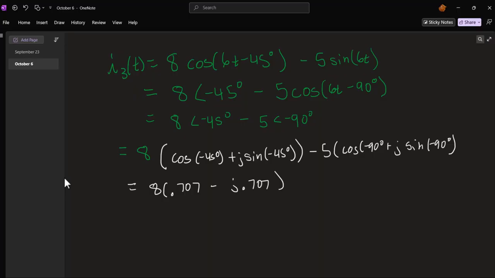So it's the square root of 5.657 squared plus negative 0.657 squared.